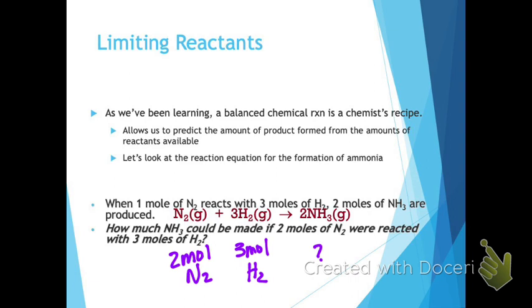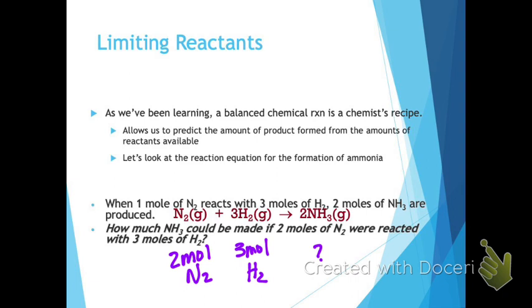I just want you to check the ratios and see what you think. Raise your hand if you think you have an idea. The recipe calls for 1 mole, I'm starting with 2. Recipe calls for 3, I'm starting with 3. And then we're trying to find out how many moles of my product I could make. Okay. Raise your hand. What do you think? If you think you know.